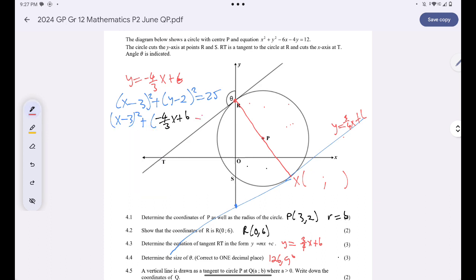Remember that I had a negative 2, right? But 6 and negative 2 will give me plus 4, so I don't need to write negative 2. I must just write plus 4. Then all I need to do is to just solve for x, right? One of the x's I should get should be equal to 0.